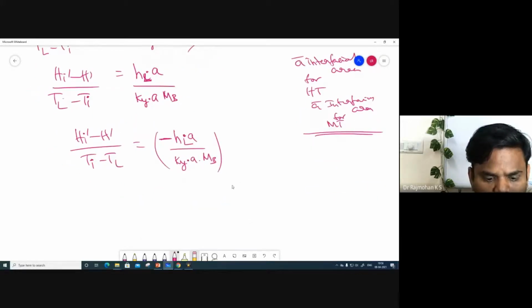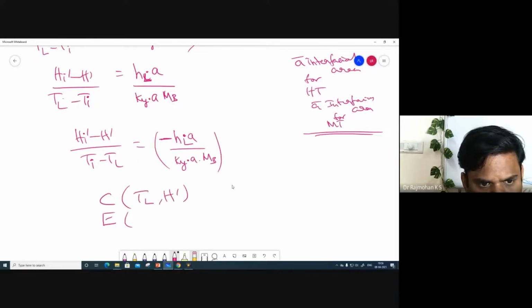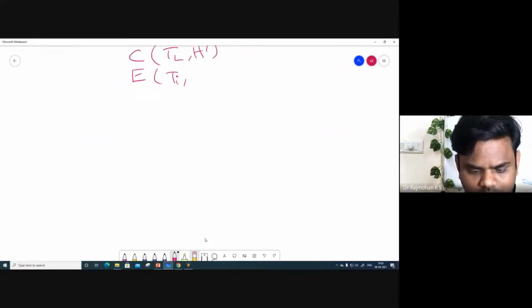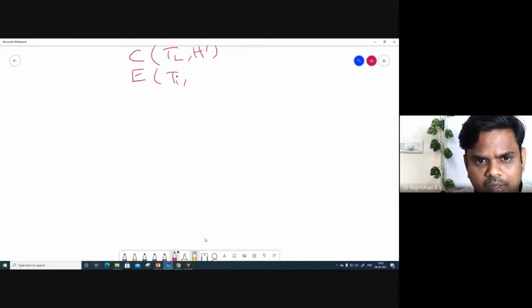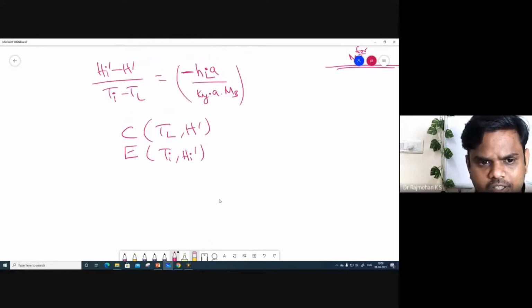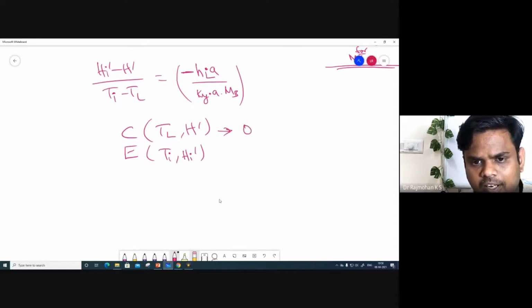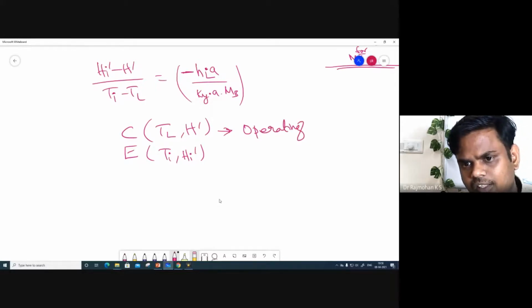That means if you draw a line CE, where C refers to (TL, H') and E is the point (Ti, Hi'). Remember, this C is your (TL, H'). This point C will lie on the operating line.